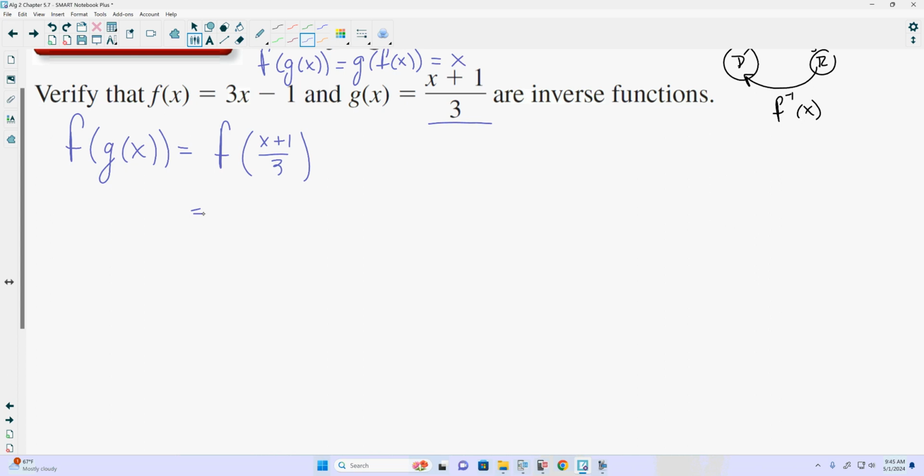Now when we plug this in to f of x, every x in f of x becomes x plus 1 over 3. So we have 3 times x plus 1 over 3 minus 1. Okay? Now again, I do have one of these on the bonus for the test.